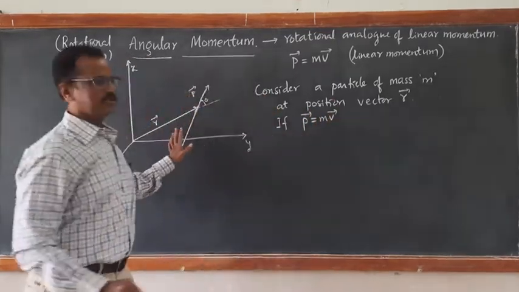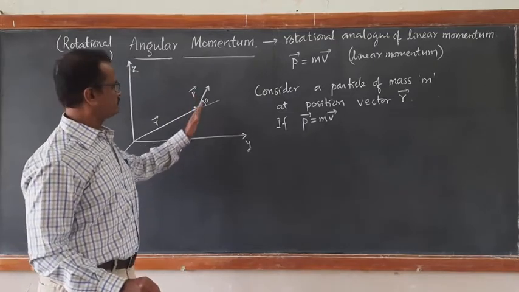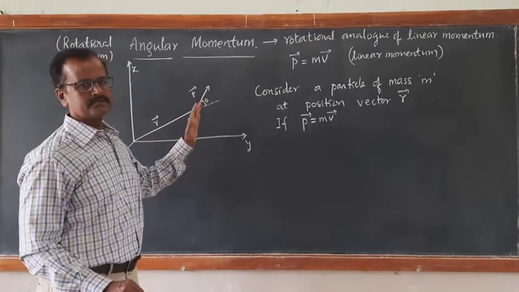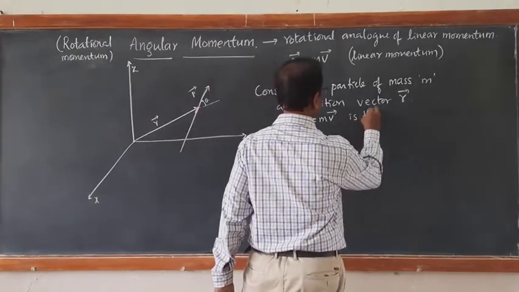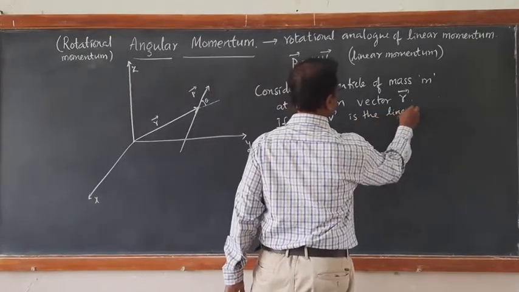Let us suppose that this is the direction of its linear momentum. P equal to mv is the linear momentum of the particle.